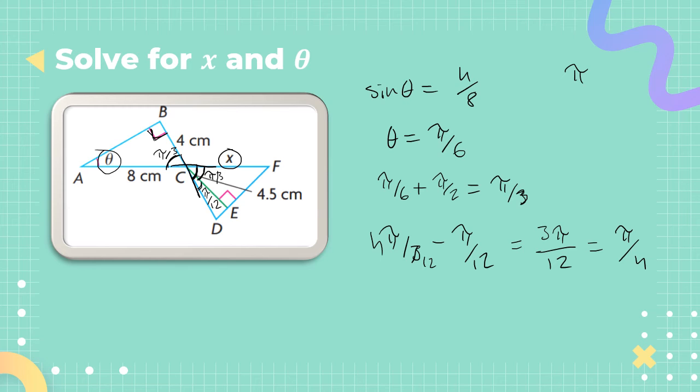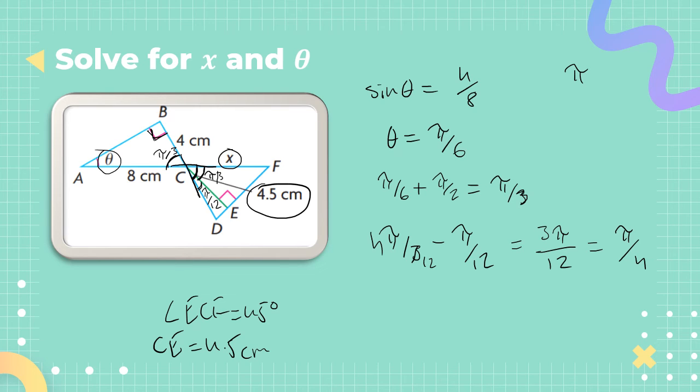Right? Now, we know that angle ECF is equal to 45 degrees, and we want to find X, and we also know what CE is. Side CE is 4.5 centimeters, so we also have that as a given.